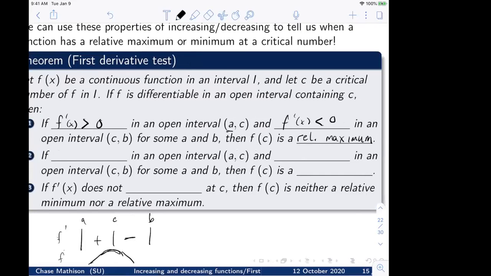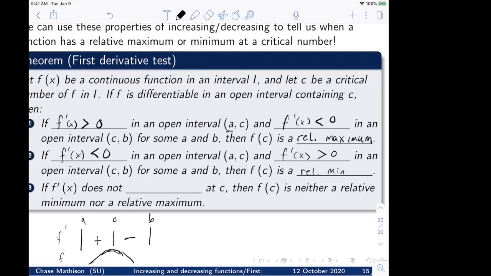So if the opposite situation holds, so if f prime of x is less than 0 in an open interval A to C, and f prime of x is greater than 0 in an open interval C to B for some A and B, well, then f of c is going to be a relative minimum.